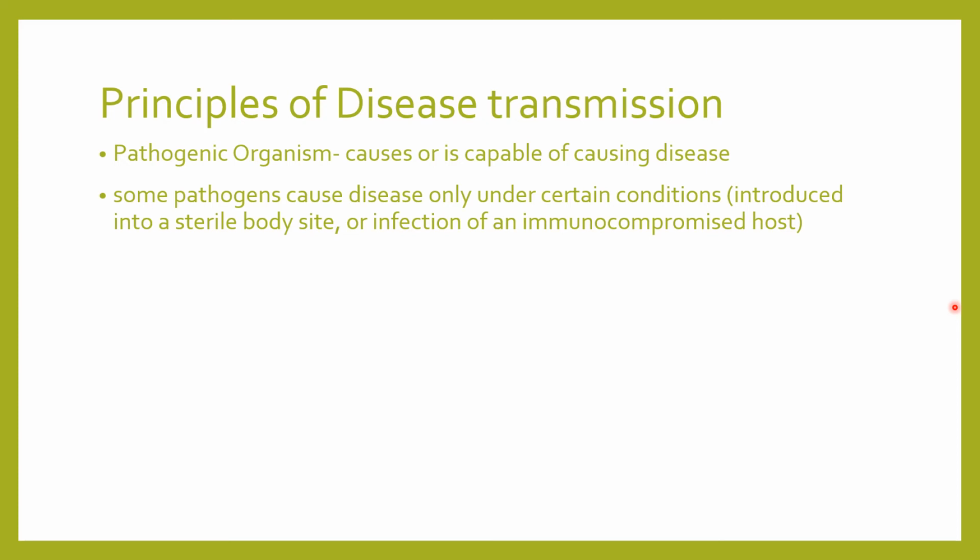Immunocompromised means your immune system is very weak that it cannot protect ourselves. So even those who are normal residents of a certain organ, these residents are usually checked, their numbers are checked by our immune systems.